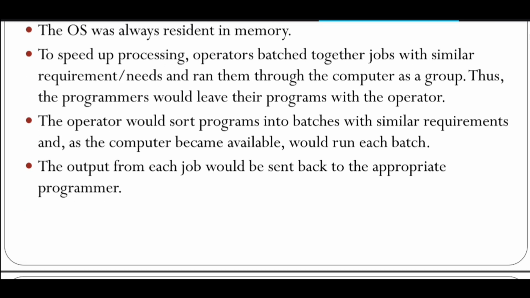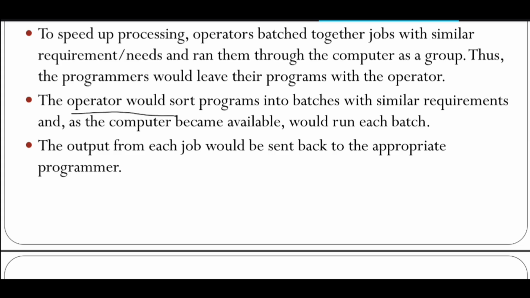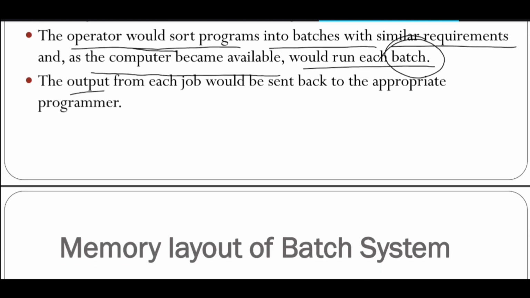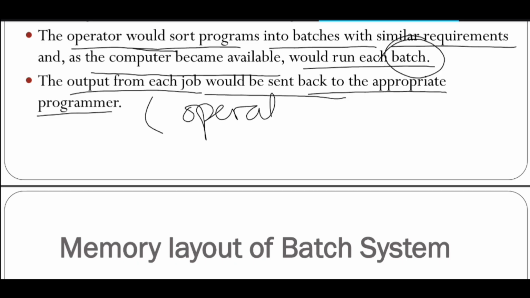The operator would sort programs into batches with similar requirements, and when the computer became available it would run each batch. A batch means similar types of jobs. Then the output from each job would be sent back to the appropriate programmer. The operator sent the outputs to the programmer, and the operator took the output from the system.